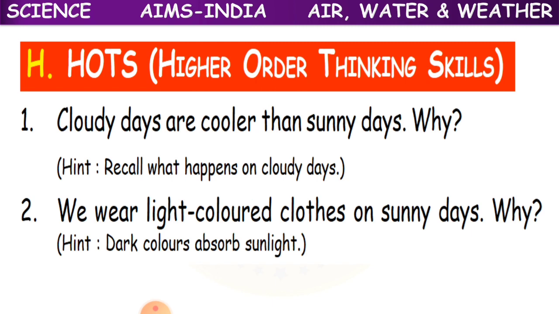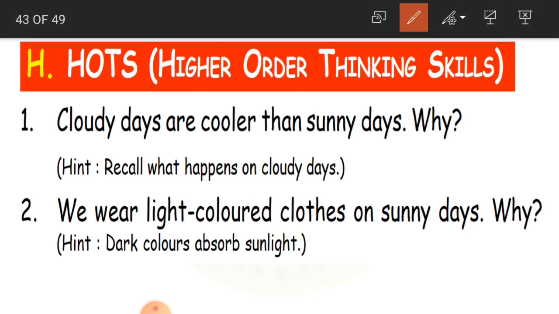Now, this is a higher order thinking skills question. Cloudy days are cooler than sunny days. Why? And what is the clue here? Recall what happens on cloudy days. What happens on cloudy days, children?